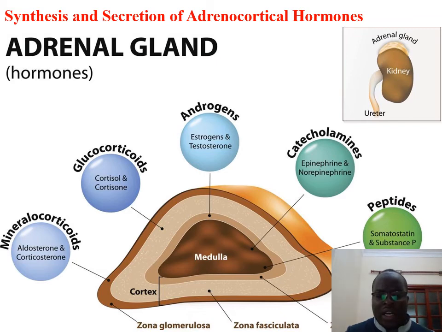The zona fasciculata produces a lot of glucocorticoids, cortisol and cortisone. The zona reticularis produces the androgens, estrogens and testosterone. Then the adrenal medulla produces catecholamines, epinephrine and norepinephrine, and also other peptides like somatostatin and substance P.